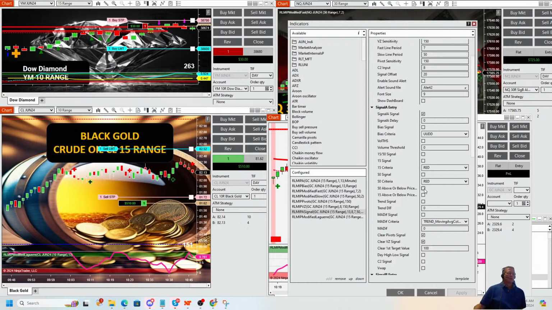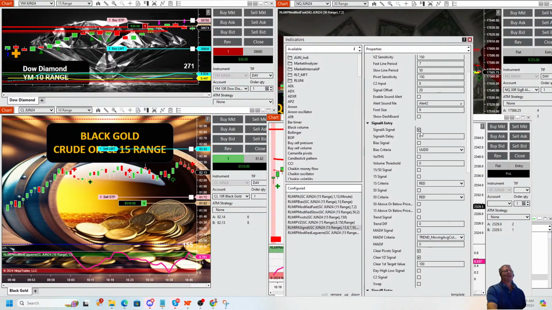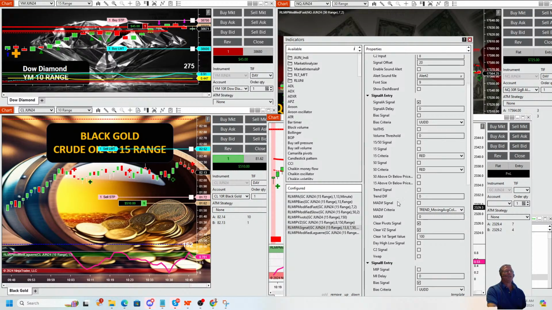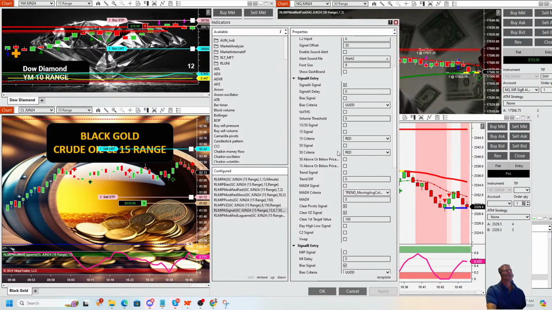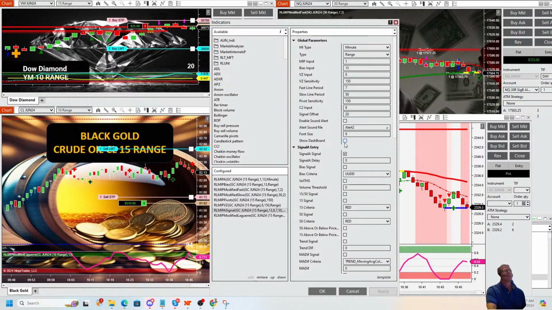Okay? So what that gives us the ability to do is for our signal A entry, we could check off the filters that we want, and if I disable the B, what I could do is put on my dashboard.